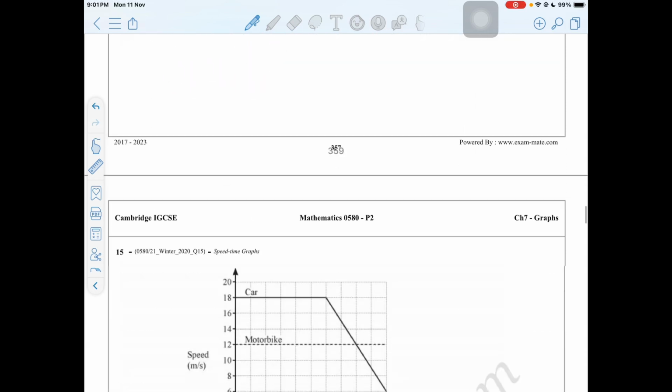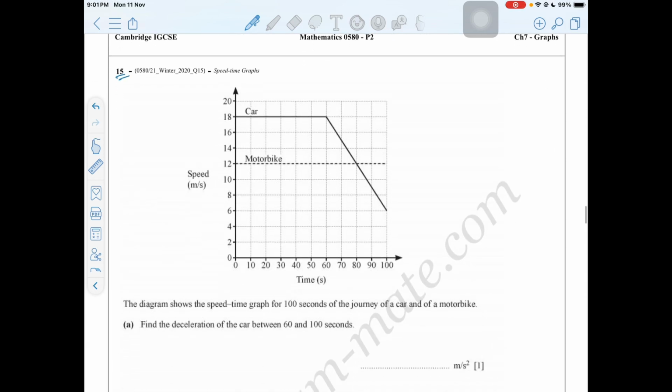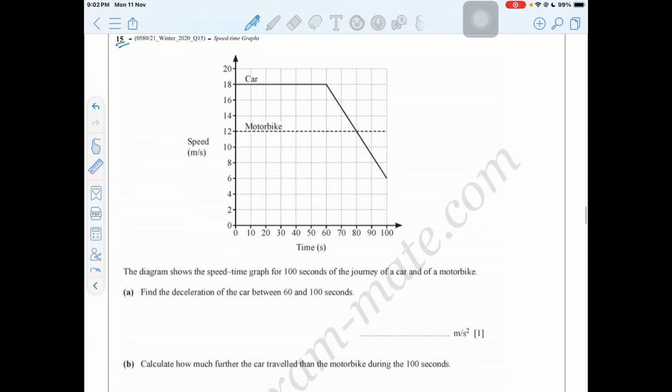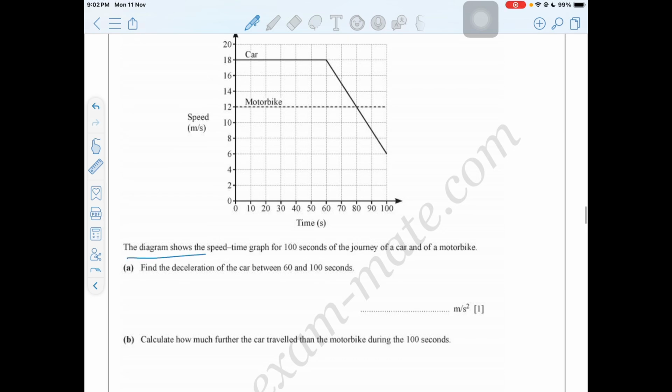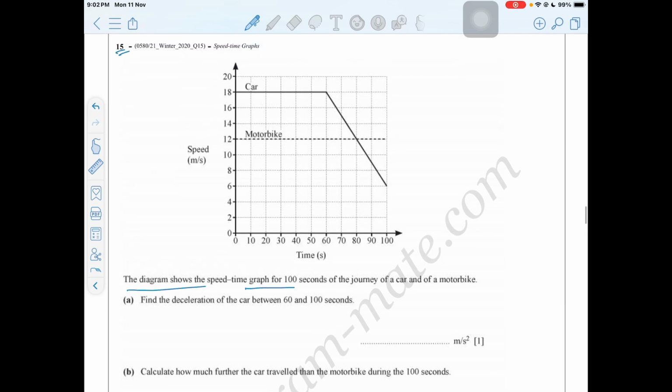Right? Moving on to question number 15. We have two bodies that would be traveling. The diagram shows the speed time graph for 100 seconds of the journey of a car and a motorbike. Find the deceleration of the car between 60 and 100 seconds, right? So this is 60 comma 18, and we have this as 100 comma 6, right?